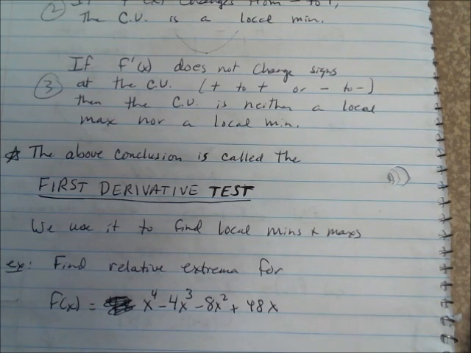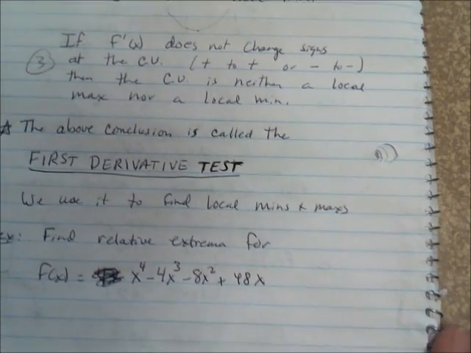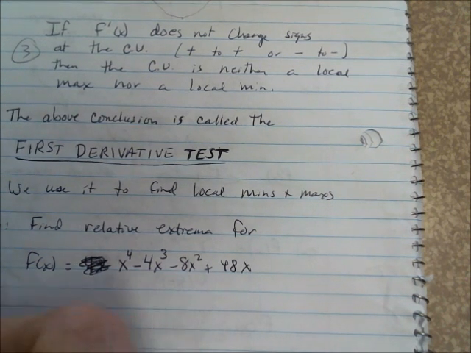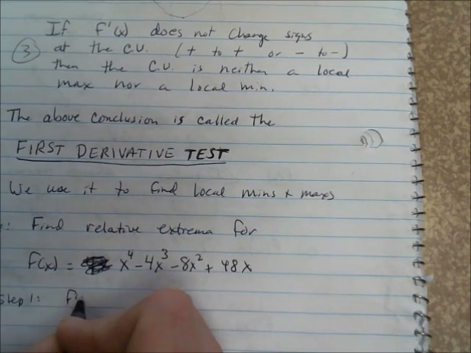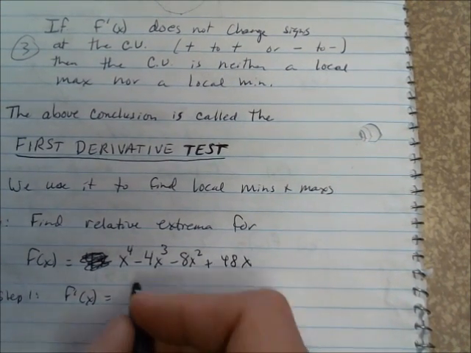We have no idea what it looks like because we don't have a graphing calculator. We don't have a graph of it, but we're trying to find the relative mins and maxes of this fourth degree function. So our first step is to find f prime of x. So f prime of x, hopefully you can get this derivative in about 5 seconds.